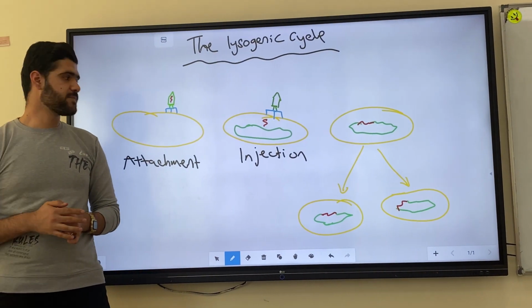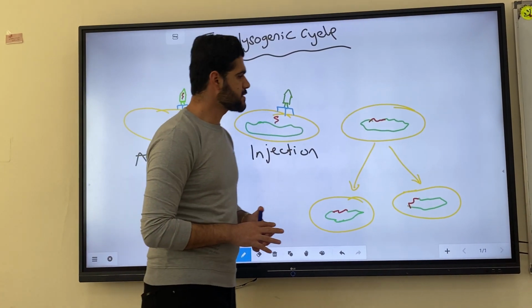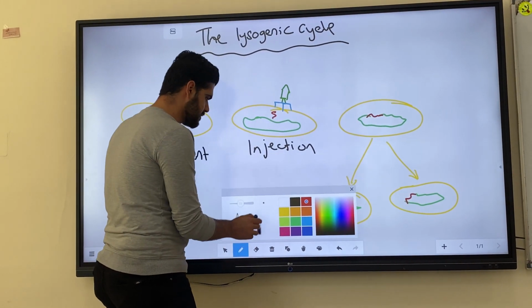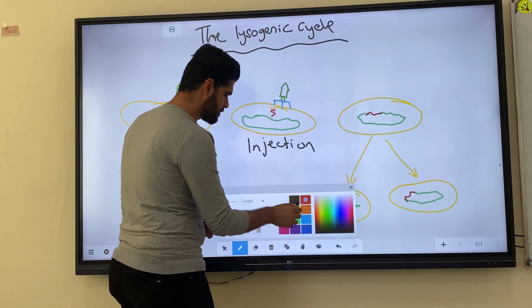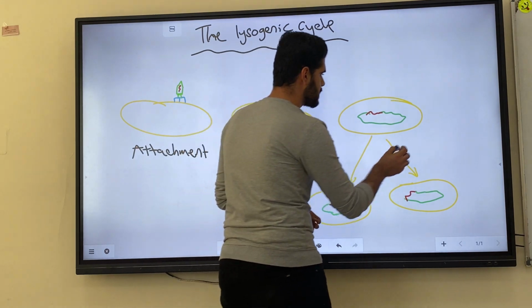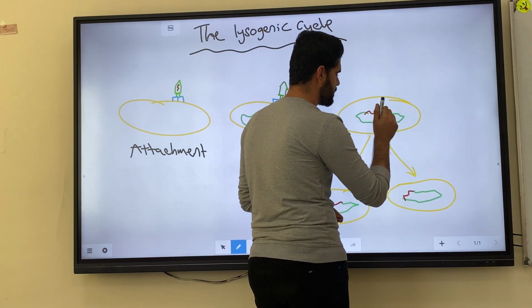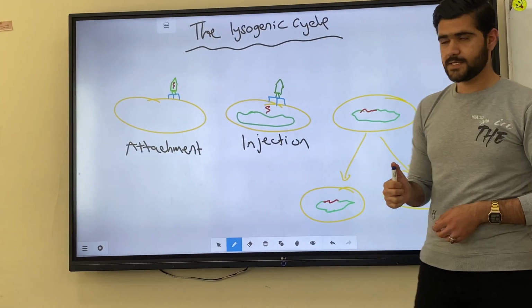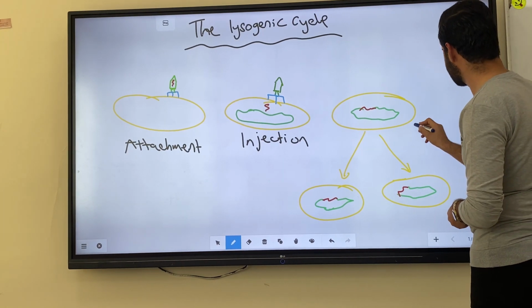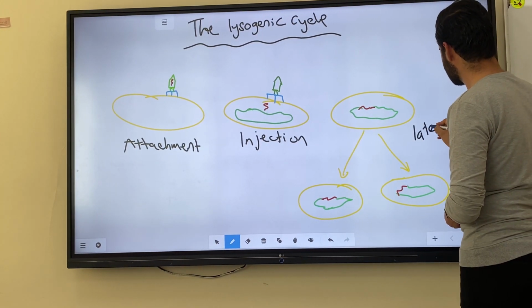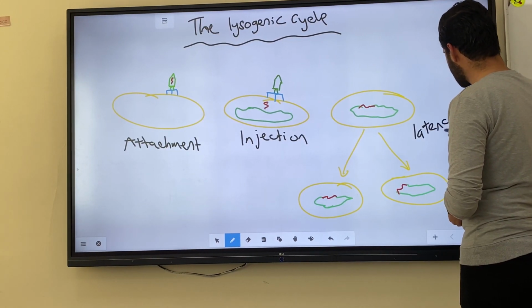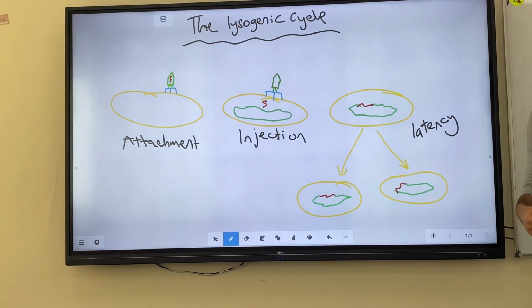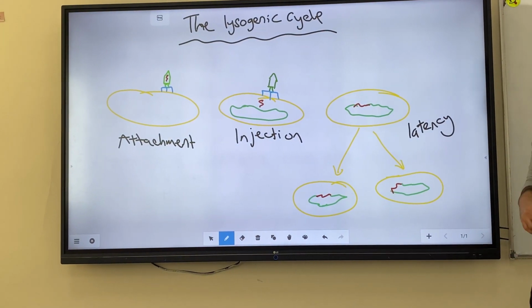This is called latency, and this is the replication of the cells.